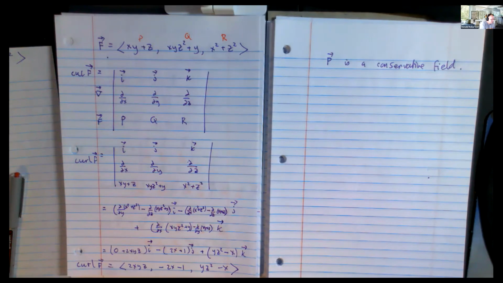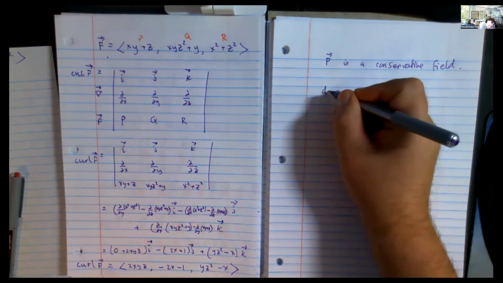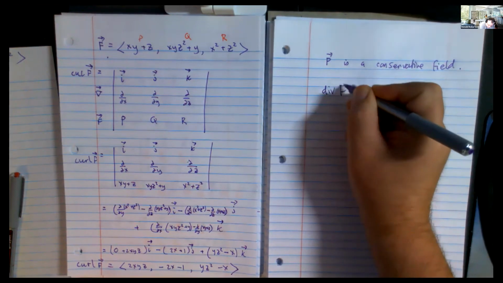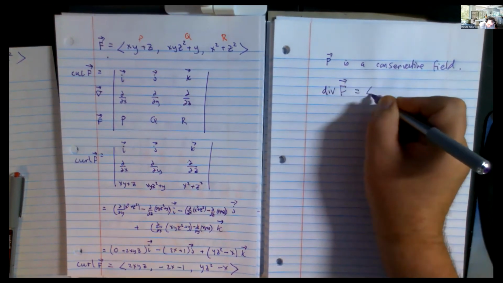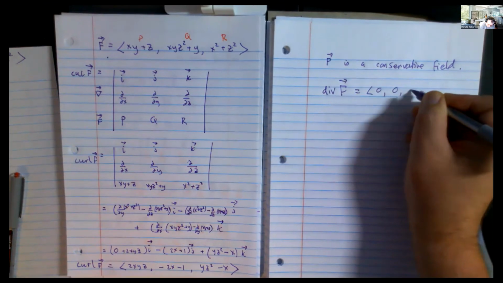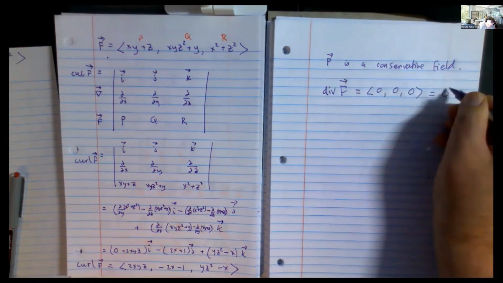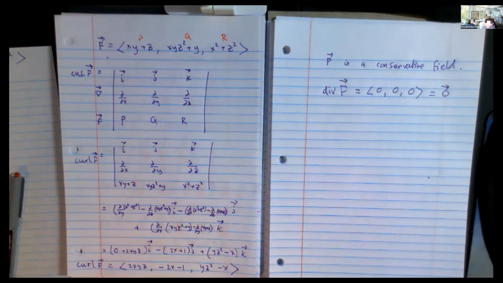Now, if you're a conservative field, don't you have that nice property that a line integral is 0 if it's a closed loop? Right. But really 2D. Right, what happens in the 3D world? Well, if the curl of the vector field F is 0, 0, 0, in other words, if it is the 0 vector, you have a conservative field.